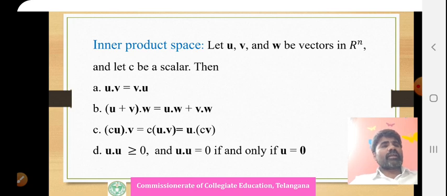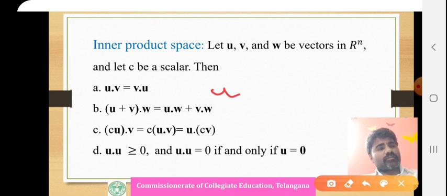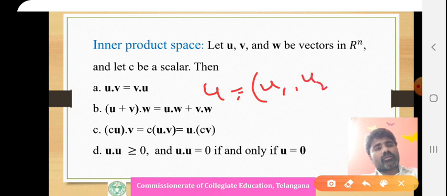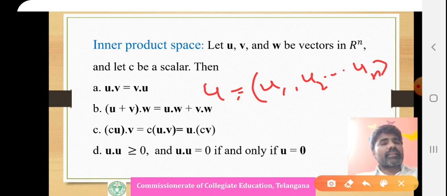If the components of R^n are real numbers, it is called a real inner product space, or Euclidean vector space. If the components u1, u2, u3, up to un are complex numbers, then it is known as a unitary vector space, complex vector space, or complex inner product space.